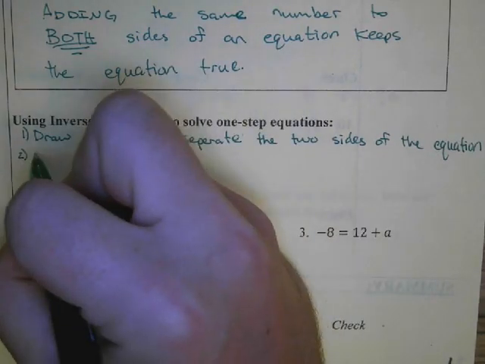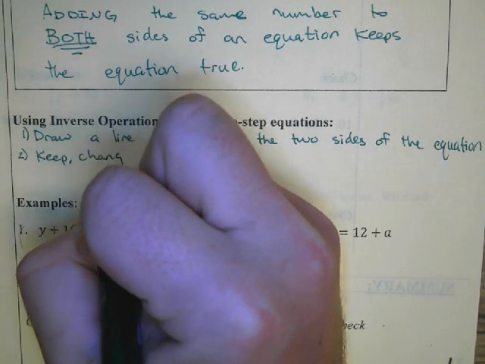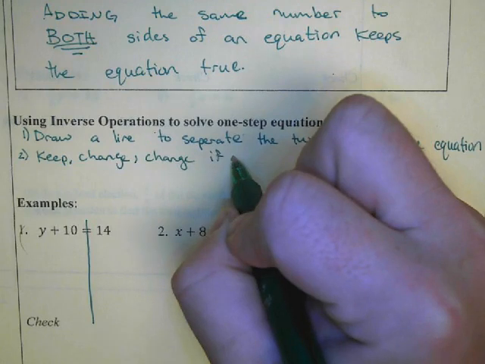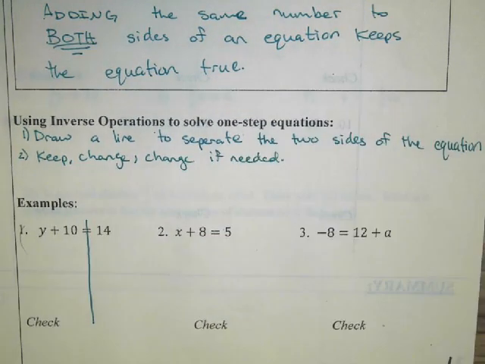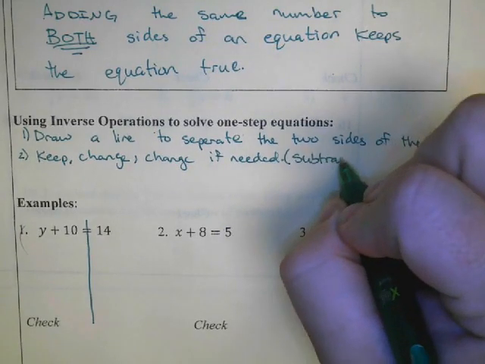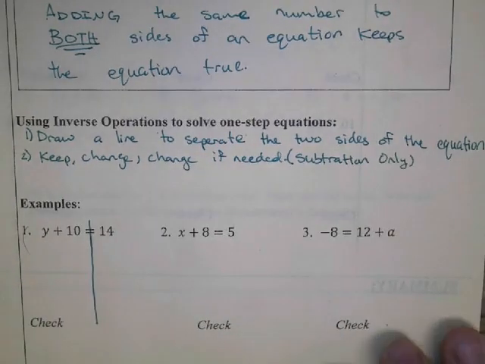Step 2, keep, change if needed. Subtraction only. So remember, we'll do that keep, change anywhere we see subtraction.